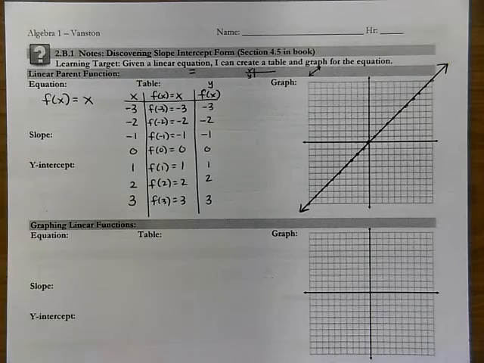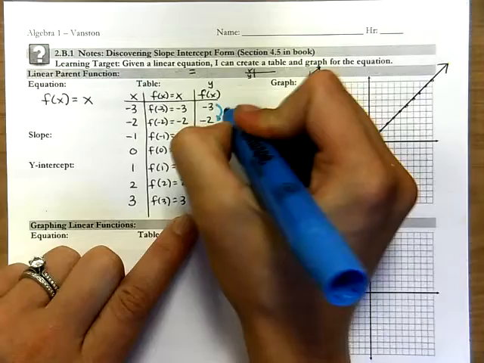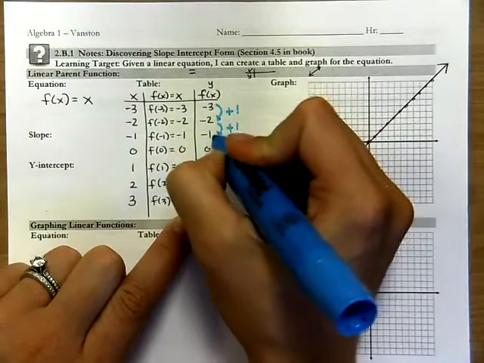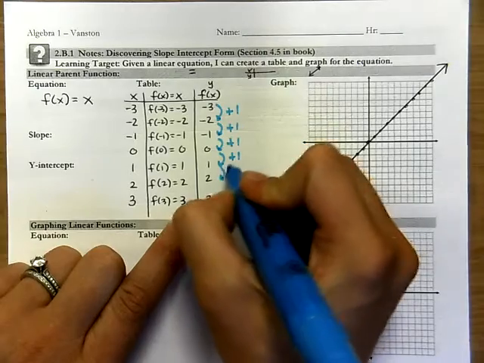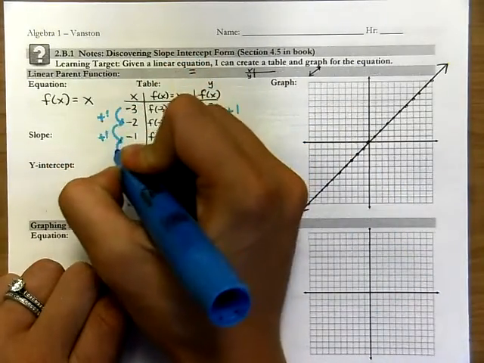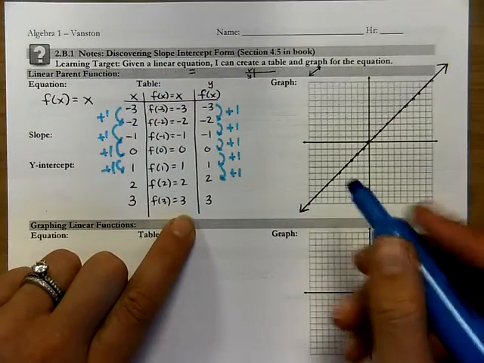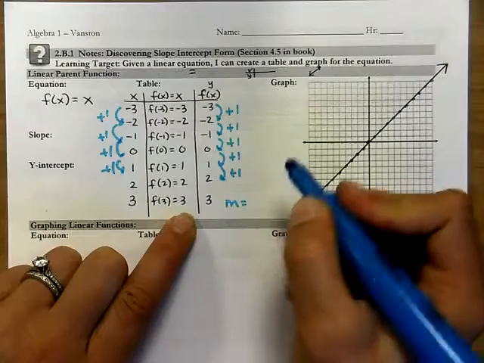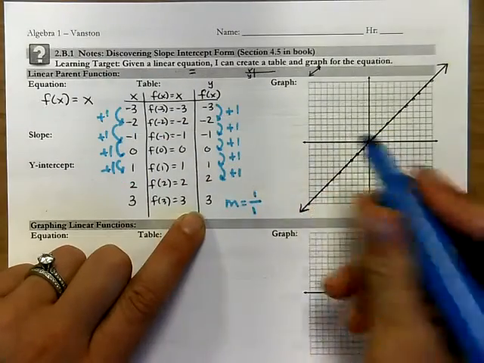Now that you've done this on your own, I'm going to talk through this. I know slope from a table is the change in y, so I say I'm adding 1, adding 1. So each time the y coordinates are increasing by 1, as the x coordinates also increase by 1. So my slope will be equal to the change in y, which is 1, over the change in x, which is also 1.